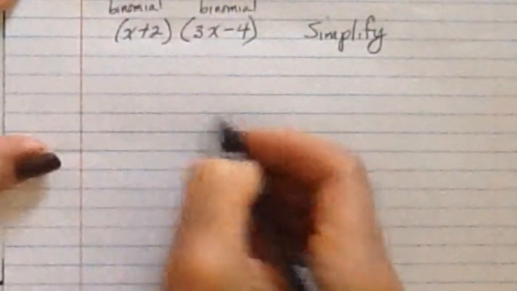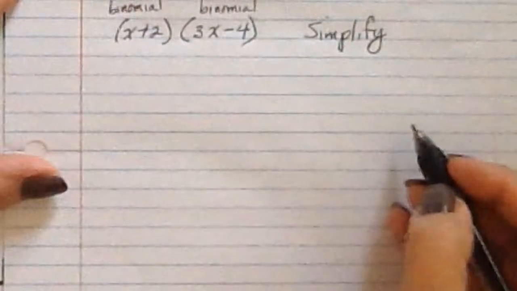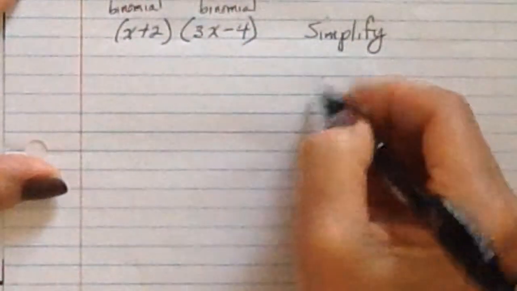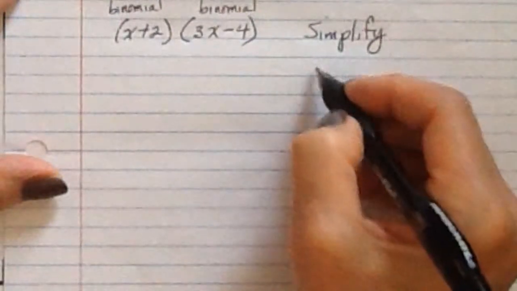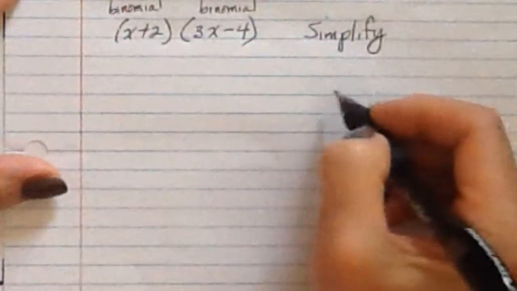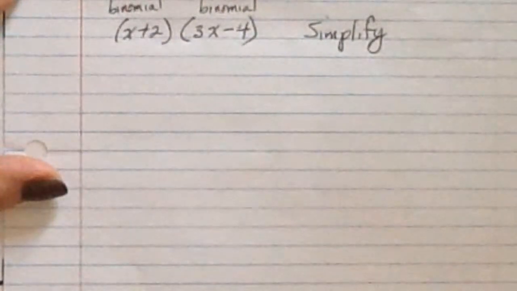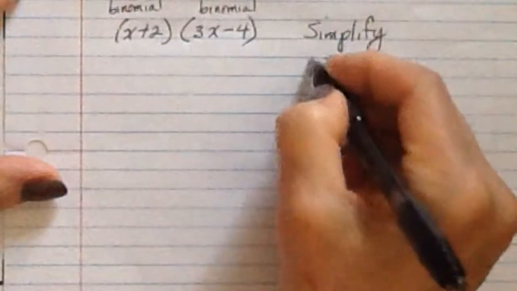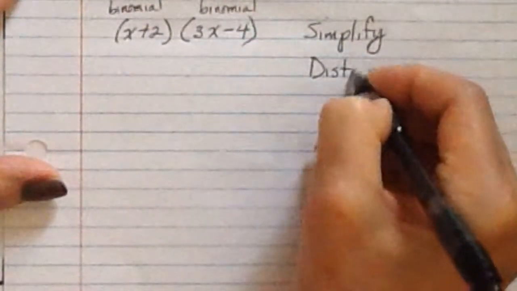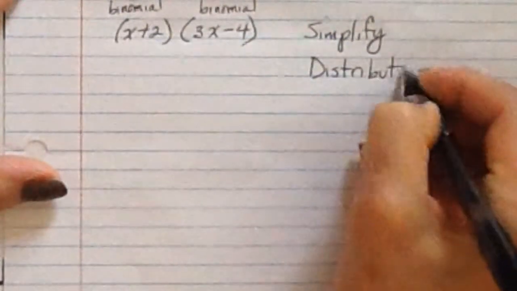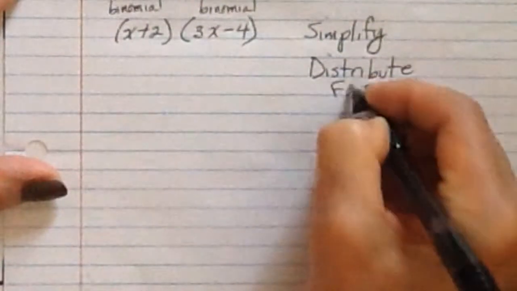All right, so again, I need to distribute in order to simplify. And in order to distribute, I have this little acronym that helps me remember exactly how many terms and how I should distribute. All right, so we're going to go ahead and distribute according to FOIL.